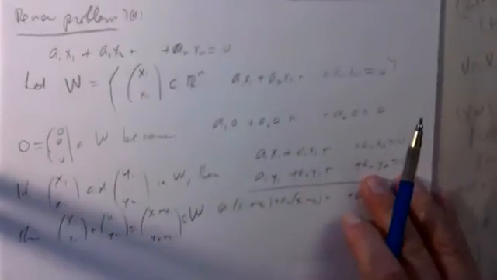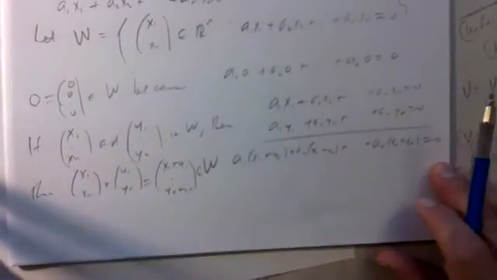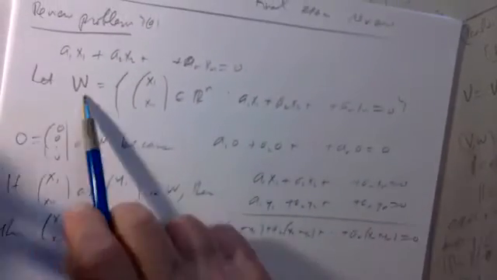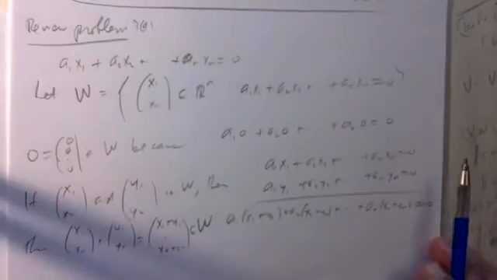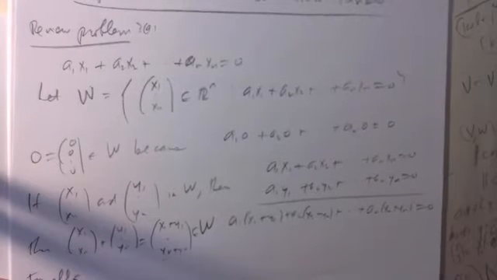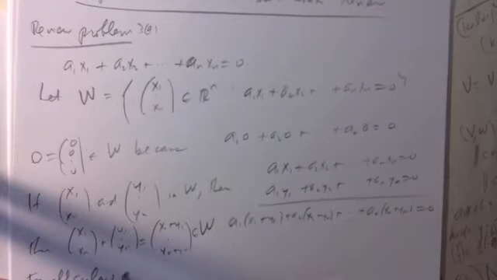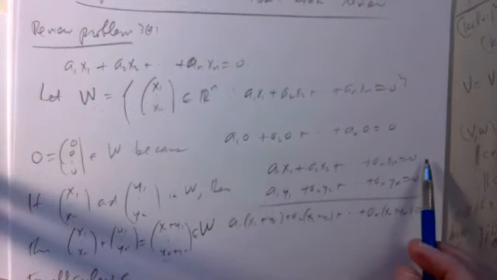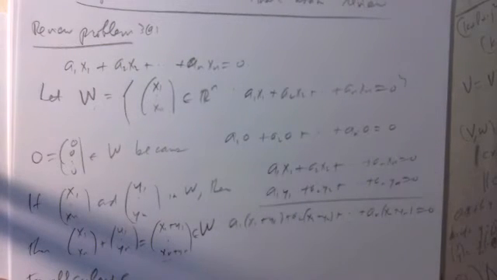So the set W of all solutions is closed under vector addition. And for all scalars c, if I multiply this equation by c, 0 is the same as c times 0. So that's c times a1 x1 up to an xn.